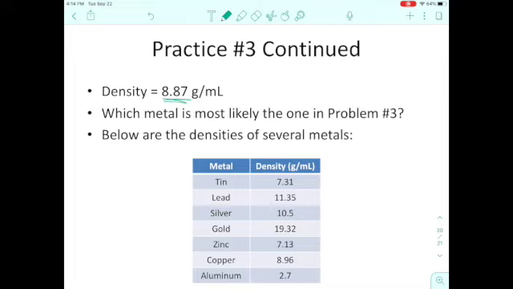So just like melting point and boiling point, those are unique to a substance, and it doesn't matter the size of the sample, those properties stay the same. So density is one of those properties. So 8.87, our closest known density is copper's density, which is 8.96 grams per milliliter. So our metal is most likely copper.